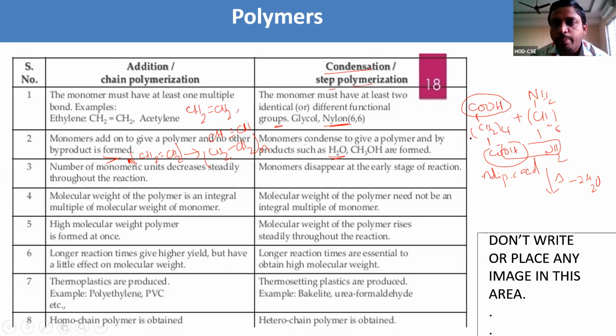We take adipic acid and hexamethylene diamine; these monomers do not appear in the product, nylon 66. Monomers disappear at the early stage of the reaction only.